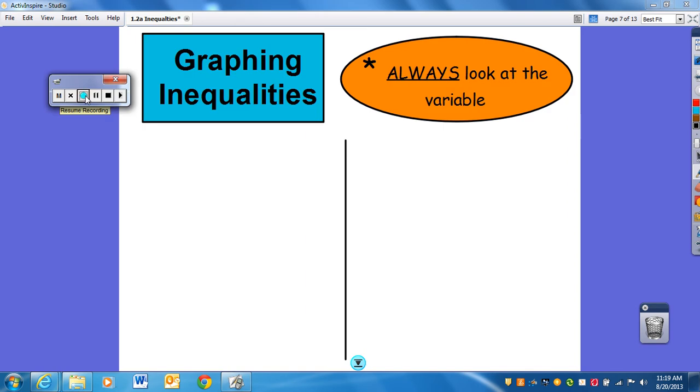Alright, let's do a little bit of review with graphing of inequalities. A couple of reminders. When you graph an inequality, the first thing we're going to do is graph these today on a number line. And when we do graph them on a number line, we want to make sure we remember that if it is less than or greater than, we're going to use an open circle when we graph.